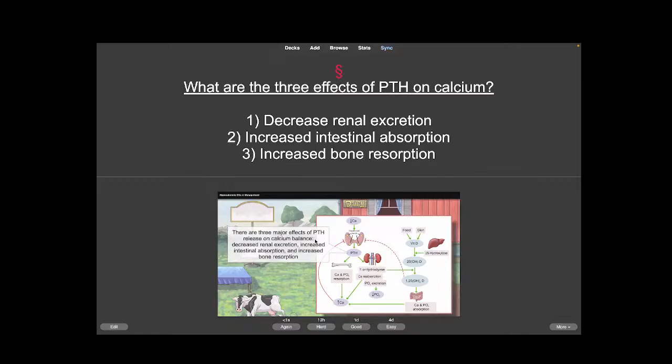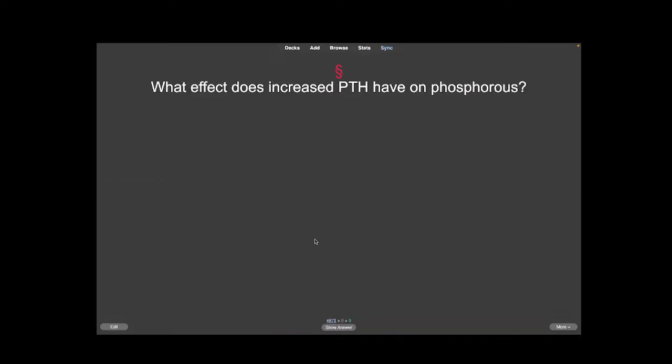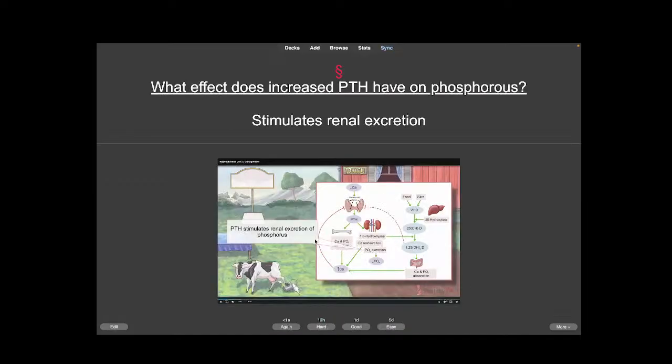Increased bone resorption, that kind of makes sense. It kind of checks out too. On phosphorus, it's the same thing. It stimulates renal excretion. Really? But also, maybe I'm messing this up. Wow, I really messed this up. That actually excretes it. Yeah, I really messed up there.